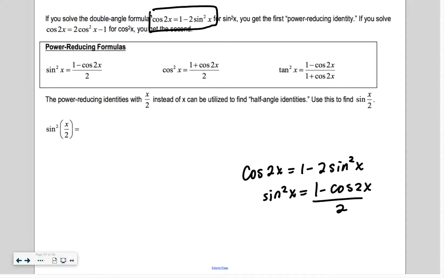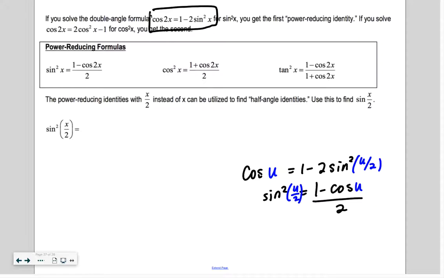What this leads to is that if instead I don't want x and 2x, but instead I talked about, let's say, u and half u. So this ends up being the u over 2, and this ends up being u. I can get how a half angle is related to a single angle.